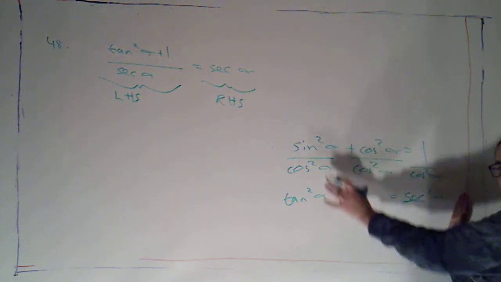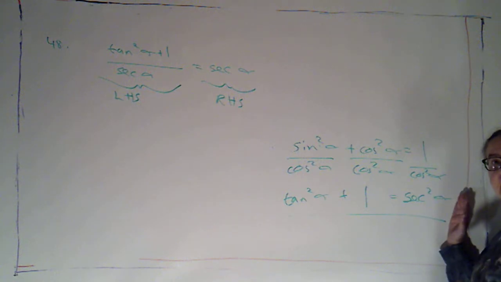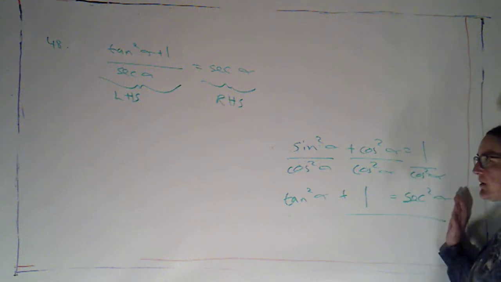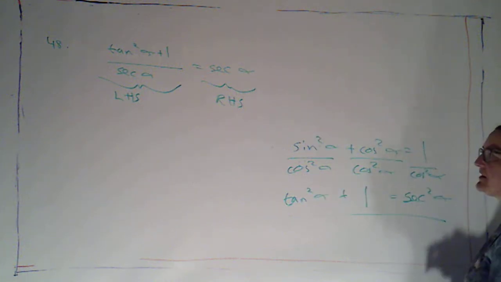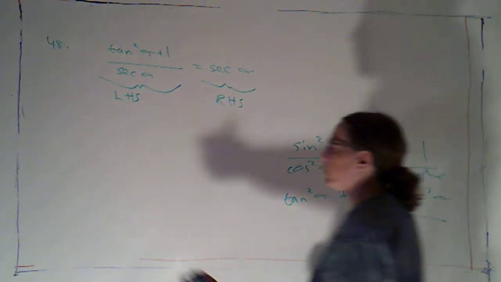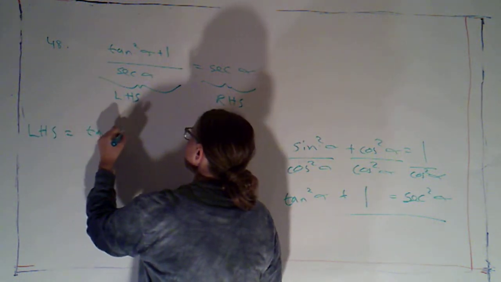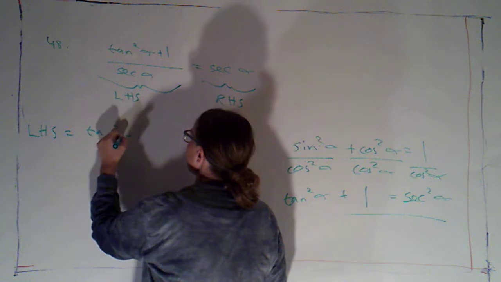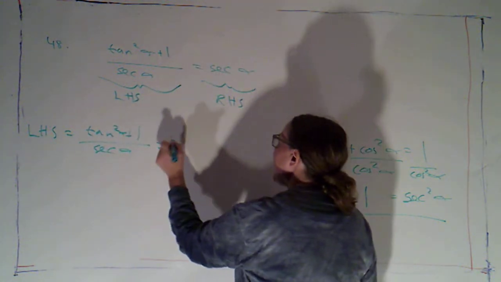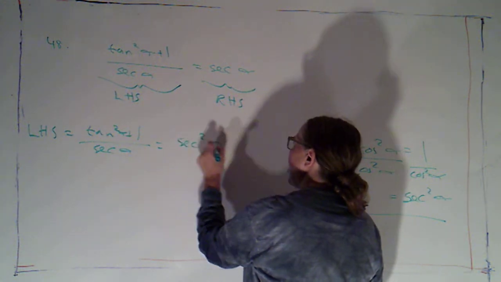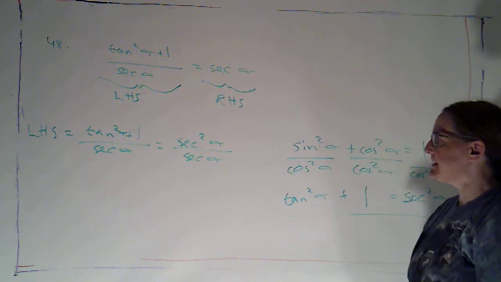So I just did a little bit of side work here to remind myself of this version of my Pythagorean identity. Again, some of you might remember that without having to derive it. Some of you might be motivated to do this side work. But now this is great, because I can say the left-hand side is tangent squared alpha plus 1 over secant of alpha, but that's secant squared alpha over secant of alpha using this Pythagorean identity.